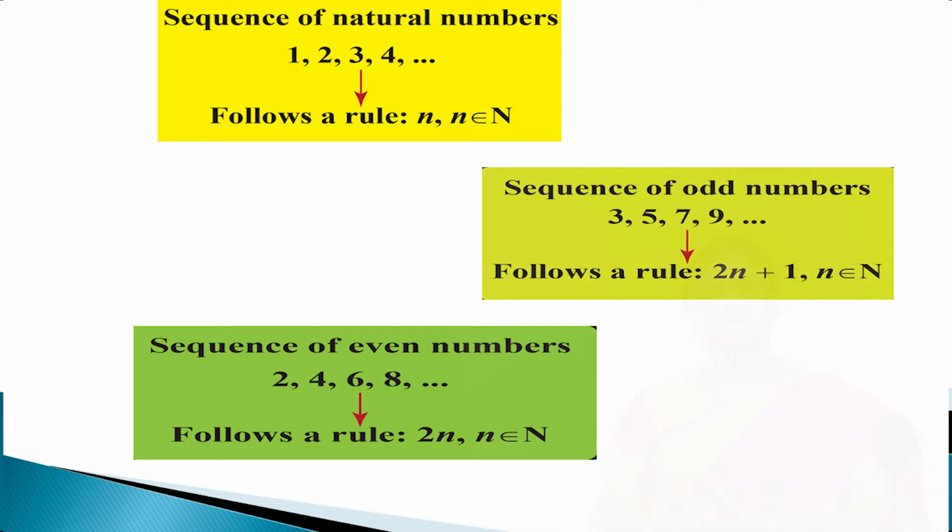And in the sequence of odd numbers, 3, 5, 7, 9, etc., it also follows a rule, 2n plus 1, where n belongs to the natural numbers, and the sequence of even numbers 2, 4, 6, 8, etc. So, in general, a sequence is a list of numbers which follows a certain rule.